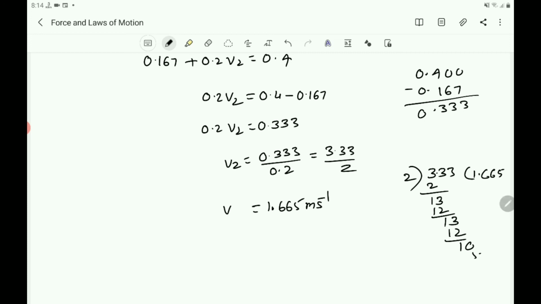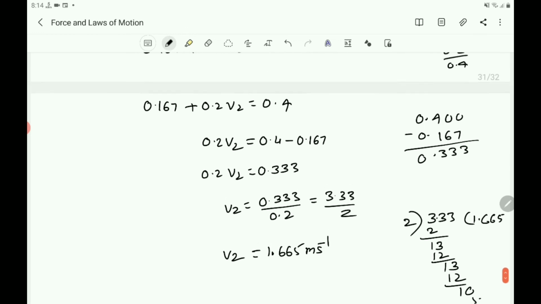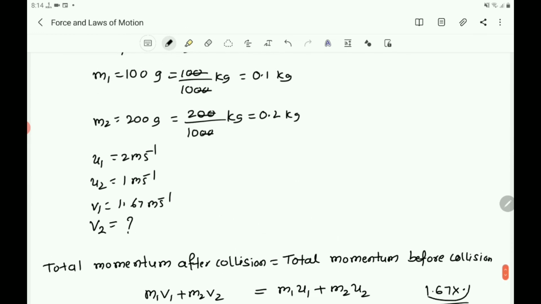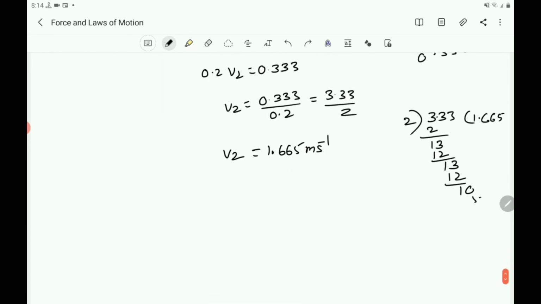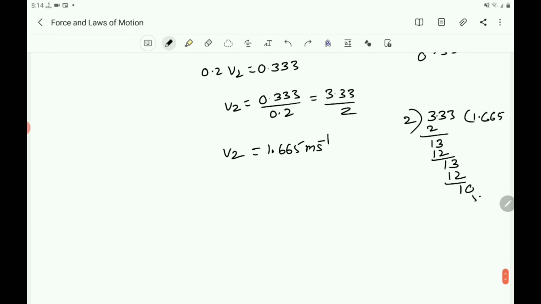That is v2. Then what is the velocity of the second object after the collision? The velocity of the second object after the collision is 1.665 ms⁻¹.